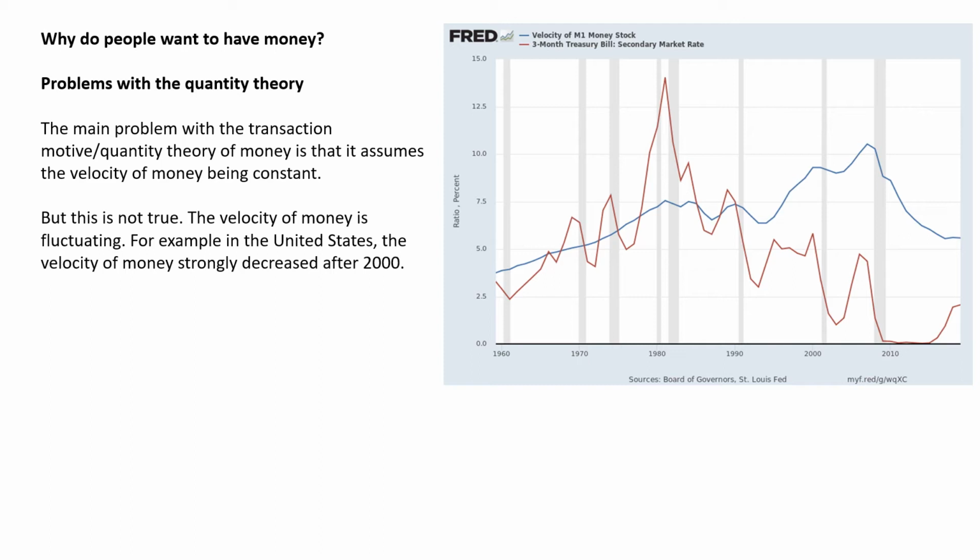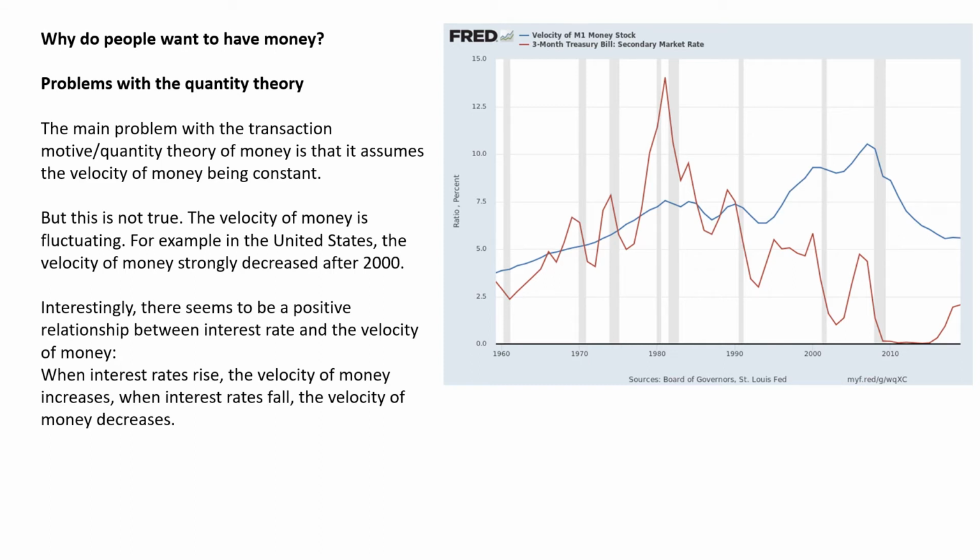It is also visible on the graph that once you introduce some measure of the interest rate in the economy, then you can see a positive relationship between interest rate and the velocity of money. Namely, in periods when interest rate rose, you can also see that the velocity of money increased as well, and when the interest rate started to decrease, then there is also a visible decline in the velocity of money.